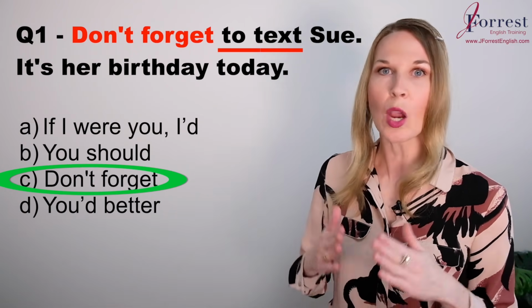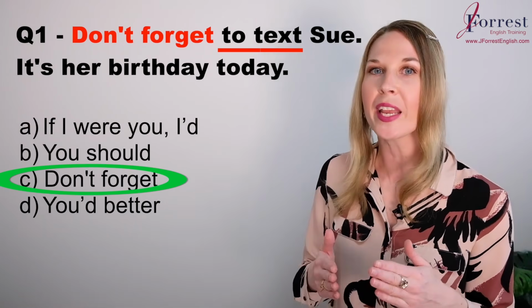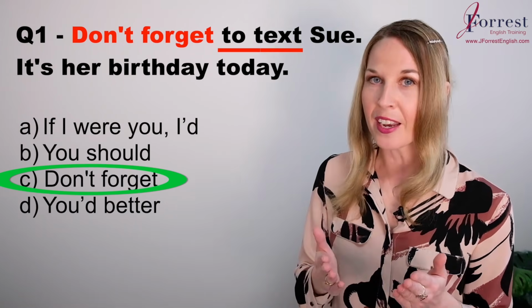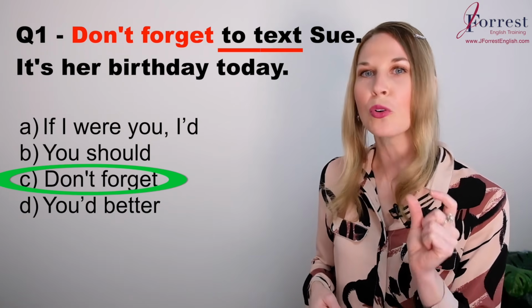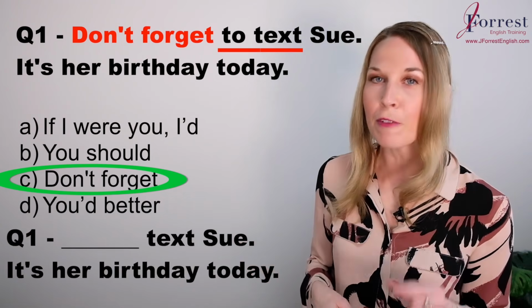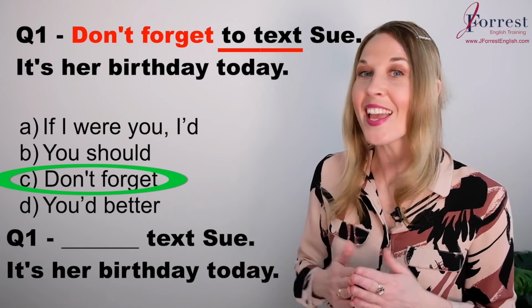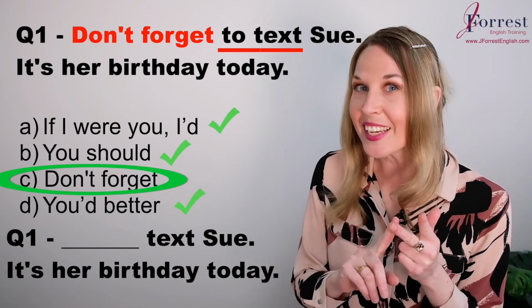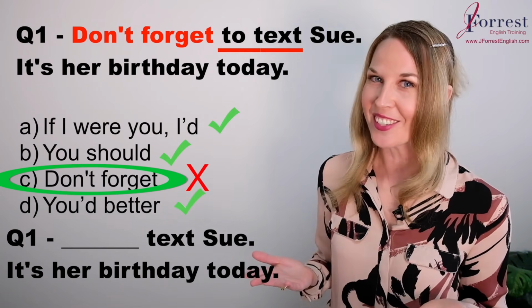Now, there's only one possible option in the choices below where you can have the infinitive, and that's C. Don't forget to text. Now, if this question didn't have to and it was just the base verb, well, then A, B, and D would be correct and C would be incorrect.